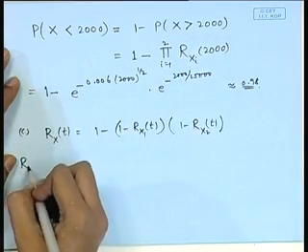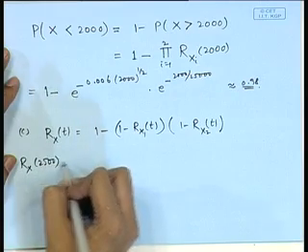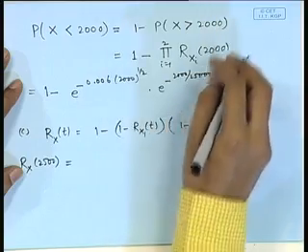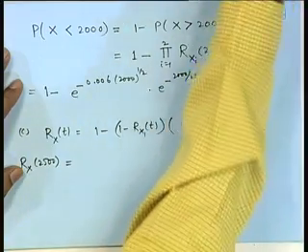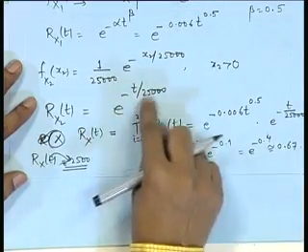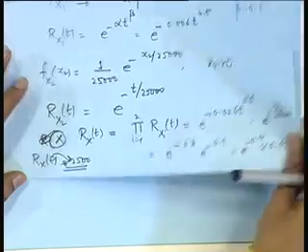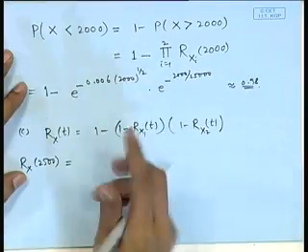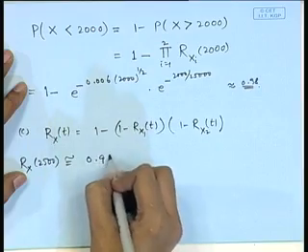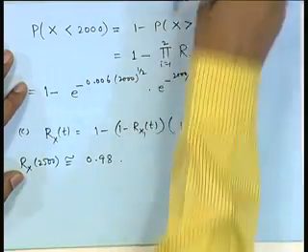So, if we are calculating at 2500 hours, then after substitution of the values of Rx1 and Rx2, which we have evaluated here, Rx1 is this and Rx2 is this. If we put t equal to 2500 and substitute, it turns out to be approximately 0.98. Compare the values which we calculated in the two parts.